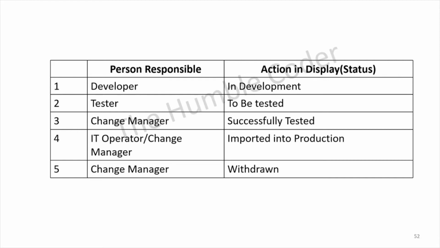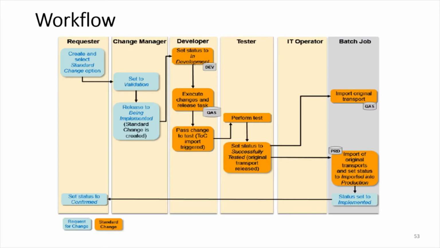Change manager will perform the action, set the status to import into production, when the status is successfully tested, and then IT operator will import the TR to production. And at any point of time in between, when the change manager feels that there is no need for a particular standard change, the change manager has the authority to withdraw the particular standard change document. So this is the workflow for the standard change document.